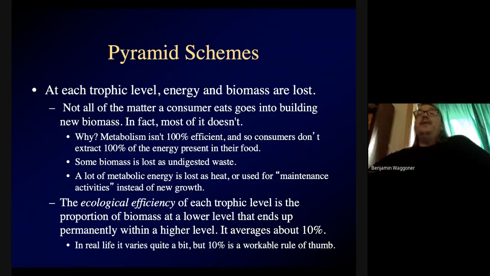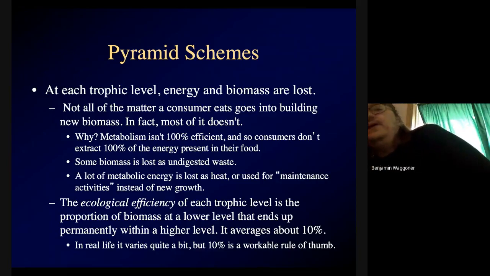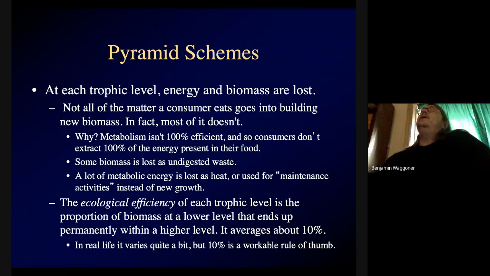And a lot of the energy that you get from your food, in the case of mammals, goes into keeping them warm, and ultimately it radiates out into space in the form of body heat. A lot of it may also be used just for repair and maintenance instead of new growth. So you eat something on the order of, a meal is typically maybe a pound of food.